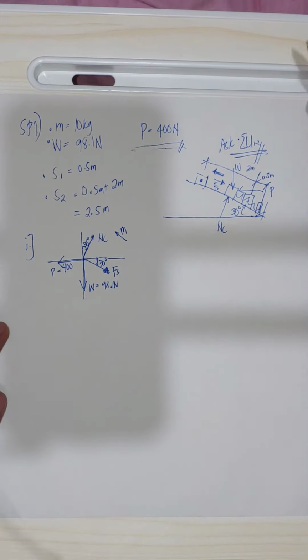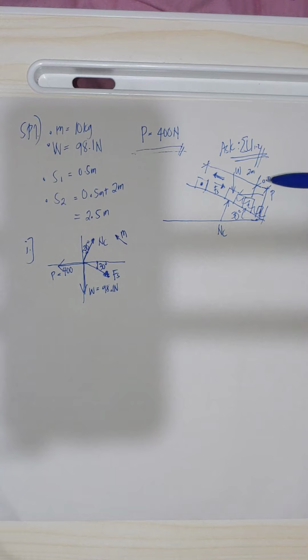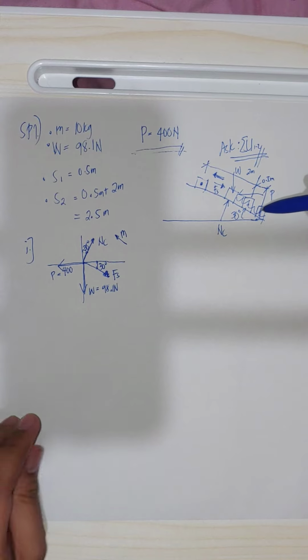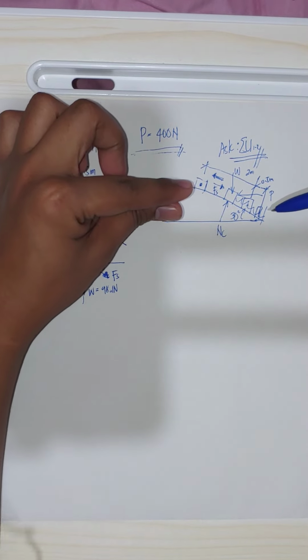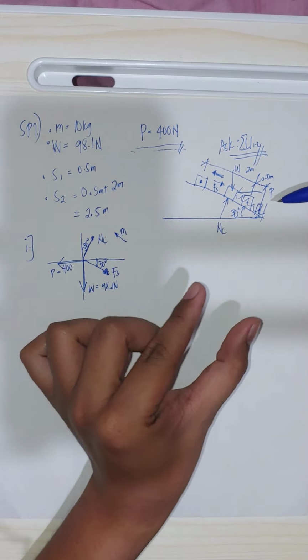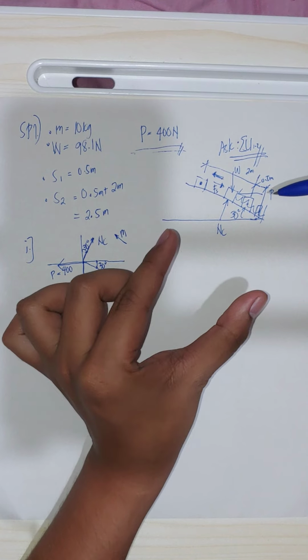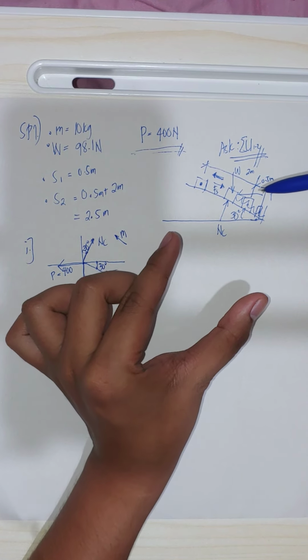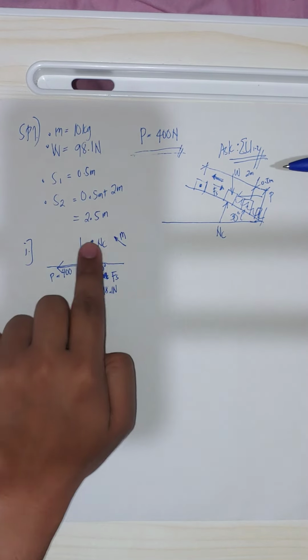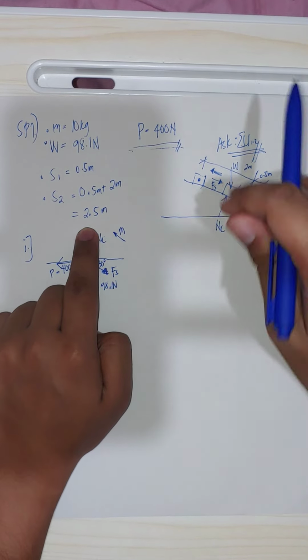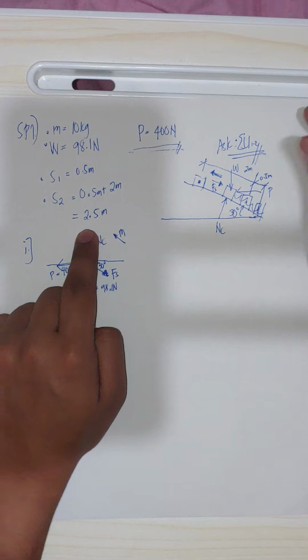So the total stretch from the original is not just 2. The first thing that happened is it stretched the spring 0.5 meters from its original length, plus the force was applied to stretch it 2 more meters. So we have a total stretch of 2.5 meters.